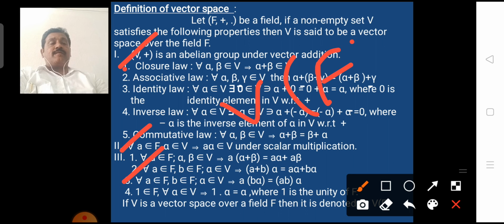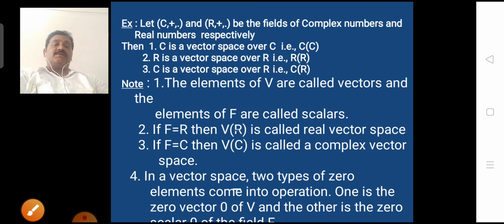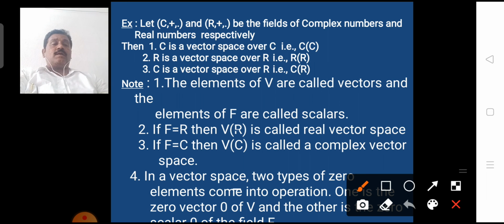Vf represents what? V is a vector space over the field F. And next, three more examples we have to learn, that is CC, RR and CR, and some of the primary notes.